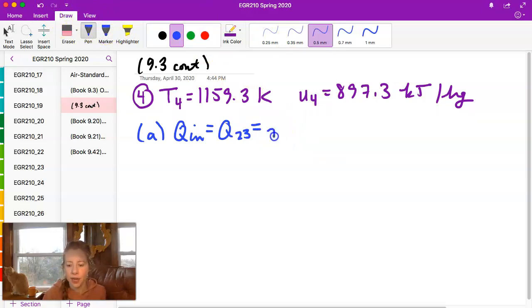So this is going to be M times U3 minus U2.